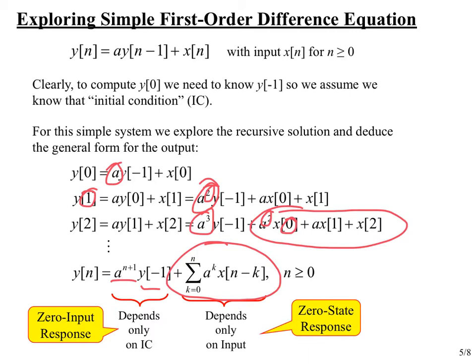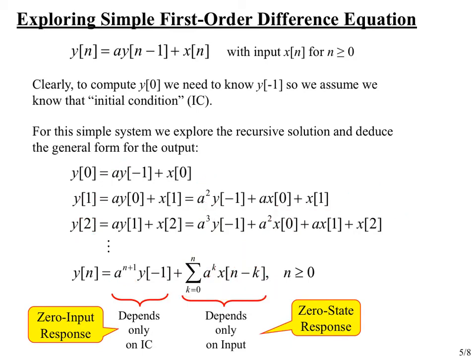So the power plus the index always adds to n in this case. So it added to 2 here because we were at the y of 2 up there. So in general, it will always add to n. I think I may have just slightly misspoke earlier, but I think you get the idea.